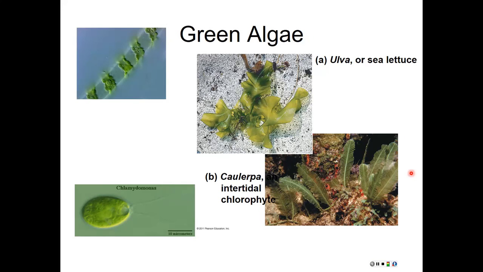And now on to the green algae. So we're starting to get closer to things that kind of look like plants, but they're not plants. So the green algae are the closest relatives to land plants.